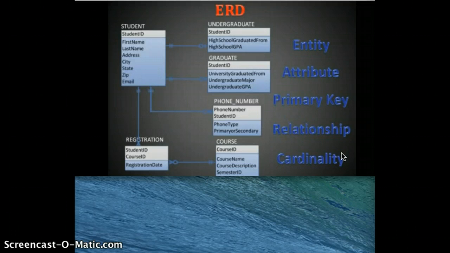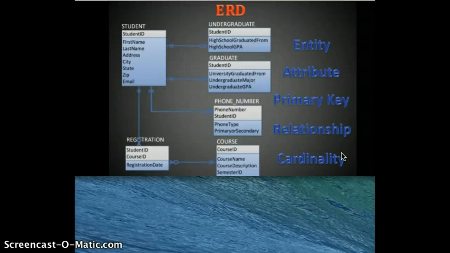Or an entity instance, which is a little bit different. It's a single occurrence of an entity type. A good example of this would be that a single student is an instance of the entity student, for the sake of the example that we're doing.